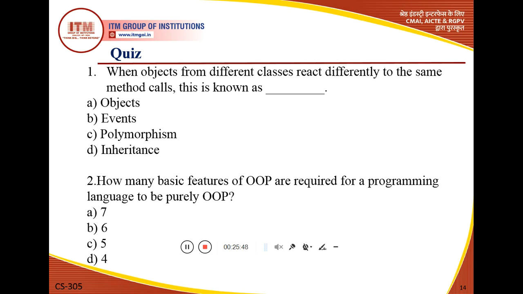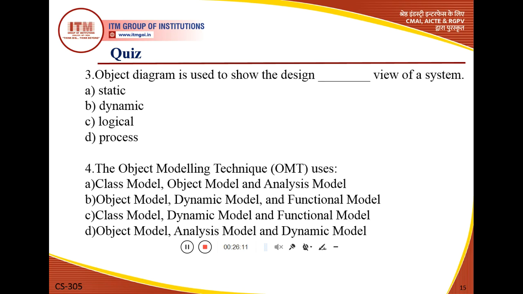The second question is: how many basic features of object oriented programming are required for a programming language to be purely object oriented? I already discussed this topic. What are the different features used to define object oriented programming? Options are 7, 6, 5 and 4.